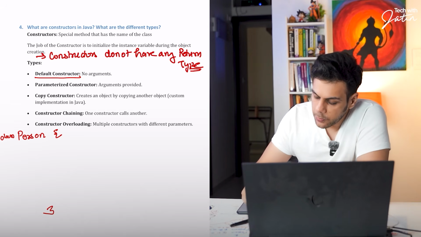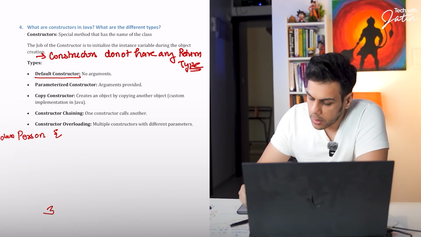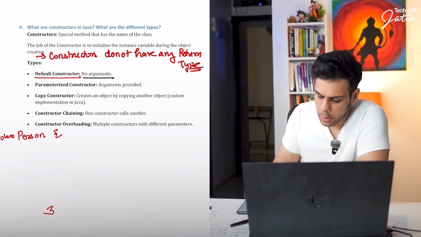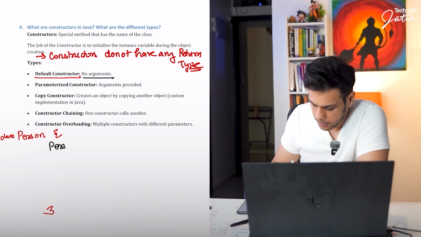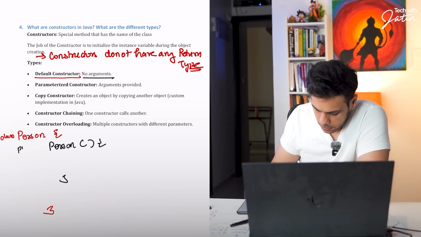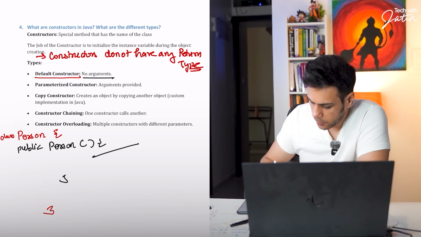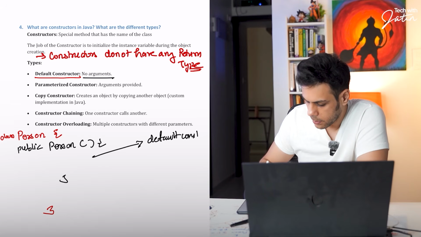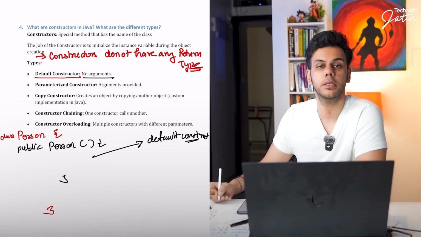Over here, a default constructor is a constructor which does not have any parameters, no arguments. This over here is a default constructor. Clear to everyone?